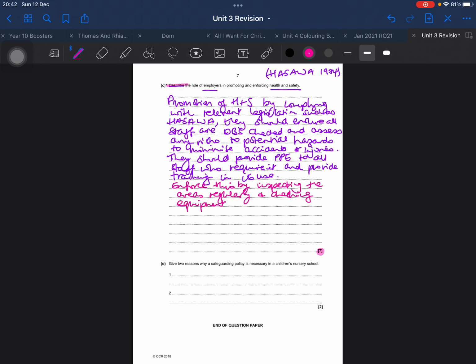They should also put consequences in place for people if staff fail to follow those recommendations. So we'll put where staff fail to follow procedures, there will be consequences and possible fines.